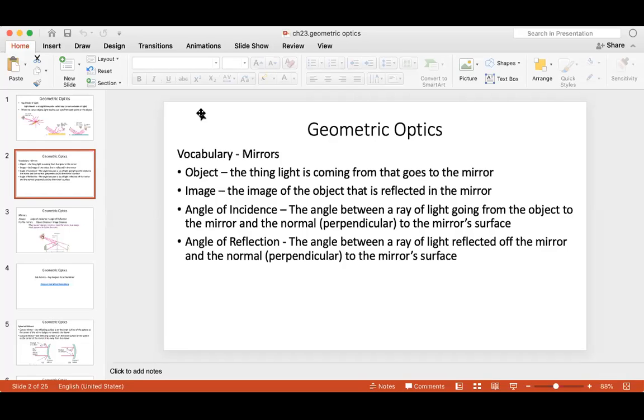The image is the reflection of that object. So when you see yourself in the mirror, you're seeing an image of yourself. I think that's fairly common sense.